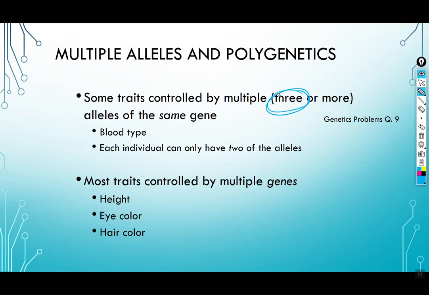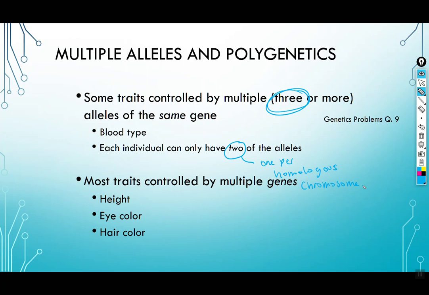But each individual can only have 2, and that's because you can only have 1 per homologous chromosome. So you would never see an individual whose blood type was A, B, and O. That's not possible due to the way that our chromosomes work.